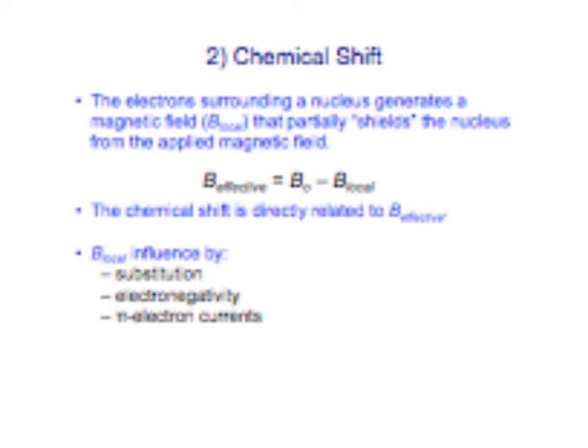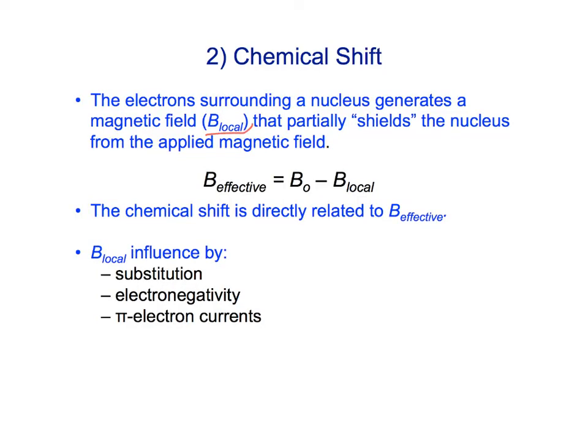Because the nuclei are positively charged and the electrons are negatively charged, this magnetic field from the electrons, which we could refer to as B local, the local magnetic field, aligns in the opposite direction to the applied magnetic field. So if we draw this out down here, we could draw this big arrow for B0. So this is the applied magnetic field. The B local is the local magnetic field generated by the electrons around each of the atoms.